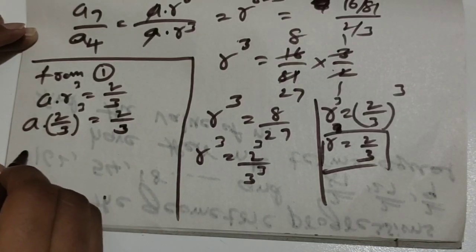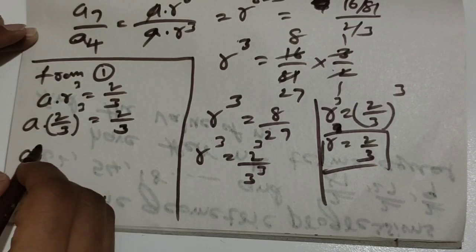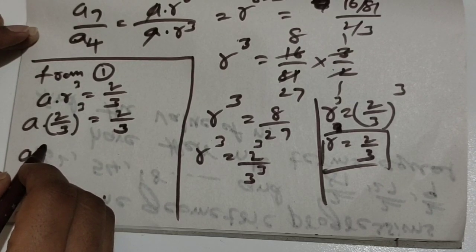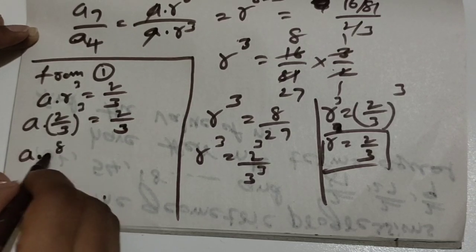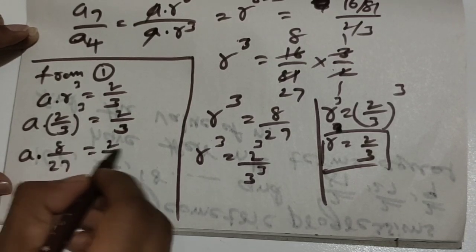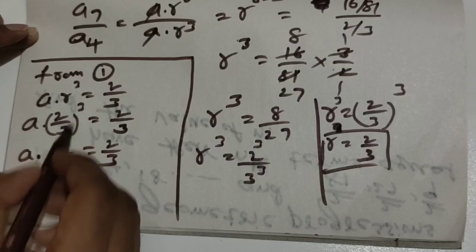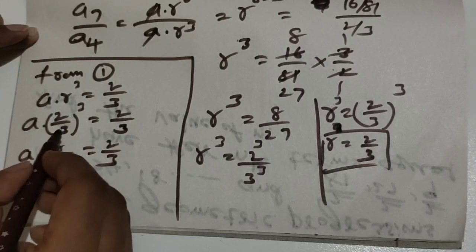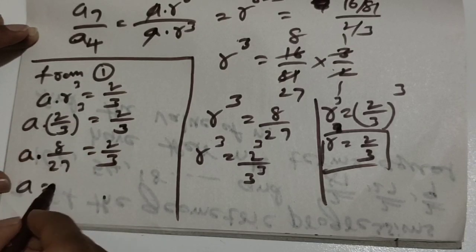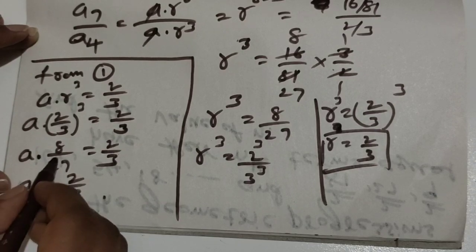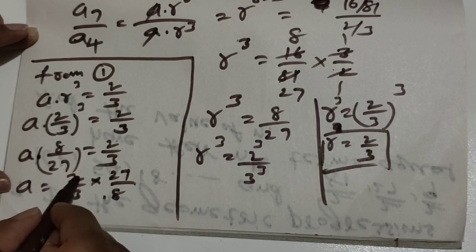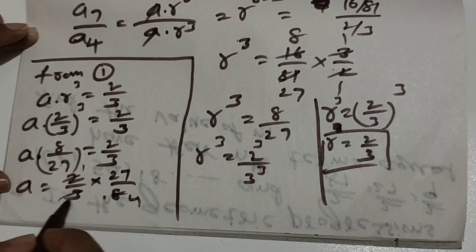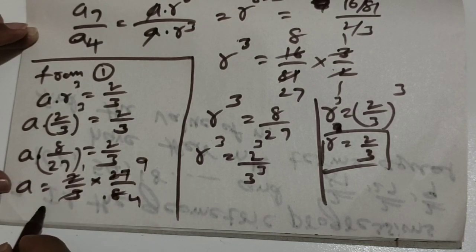Then we get A into 2 by 3 whole cube, nothing but 8 by 27, is equal to 2 by 3. 2 cube is 8, 3 cube is 27. So 2 cube by 3 cube is 8 by 27. Then A is equal to 2 by 3 into, taking this 8 by 27 to the right side, 27 by 8. And 2 ones are 2, 4s, 3 ones are 3, 9s. So A value is simply we got 9 by 4.